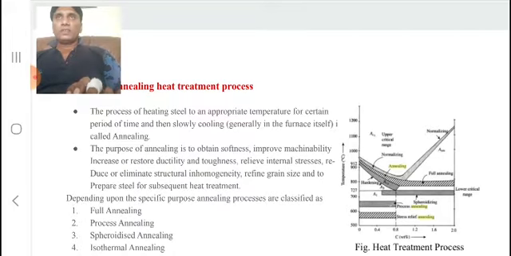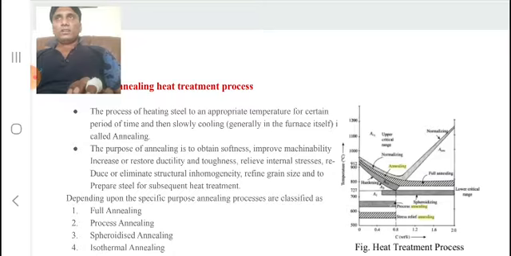In order to eliminate these internal stresses developed during the uneven cooling process, the purpose of annealing is to relieve these internal stresses.